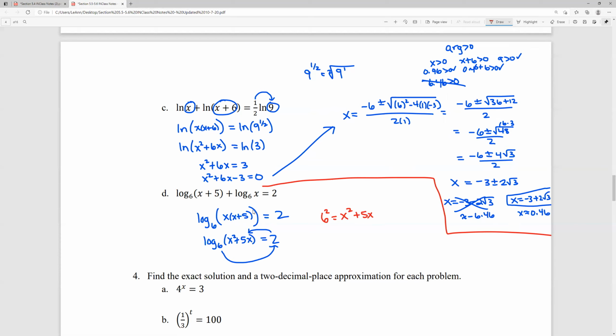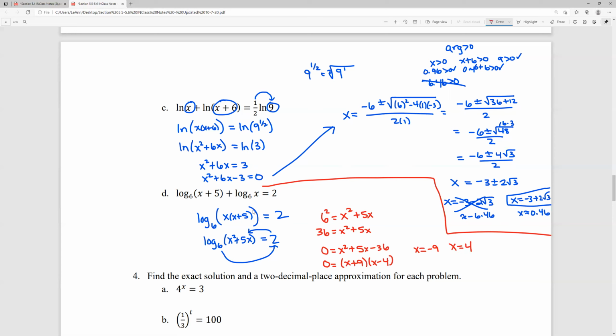Base to the exponent equals the argument. So that's 36 equals x squared plus 5x. Again, a quadratic, so I'll move that over. I believe I was nicer this time though, and I gave you a factorable one. So that is an x plus 9 and an x minus 4. Multiplies to negative 36, adds to 5. So either my solution could possibly be negative 9 or 4 or possibly both or neither.